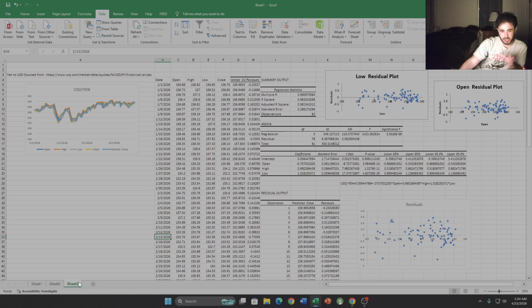So I just sourced this from the Wall Street Journal, just grabbing some type of data source. I think it comes from FactSet, but I'm not 100% on that. Where the data comes from is kind of irrelevant.